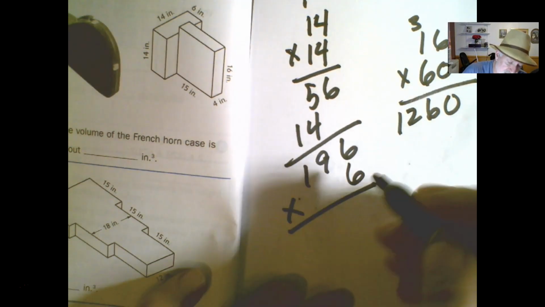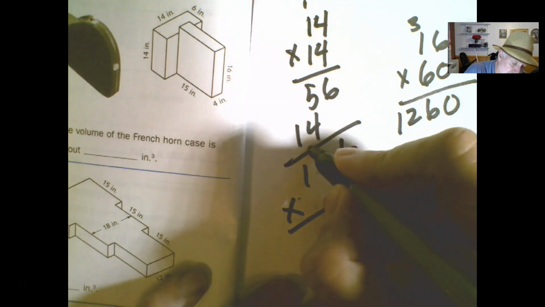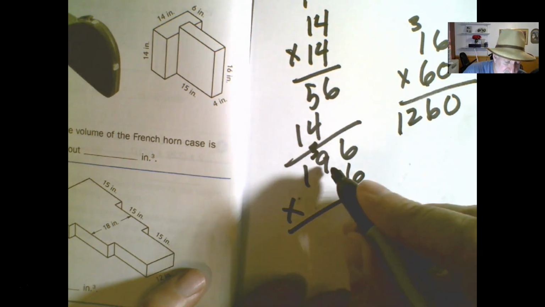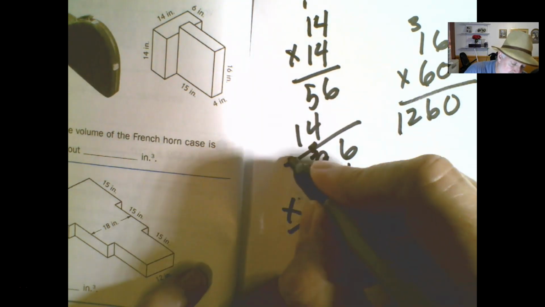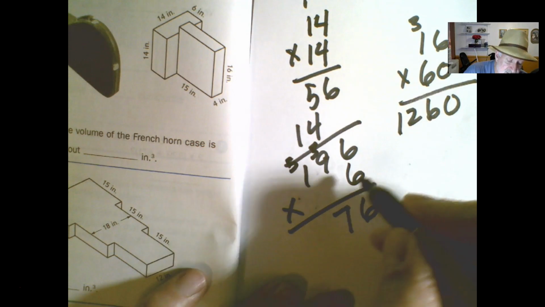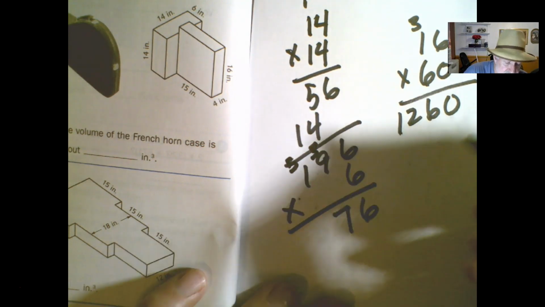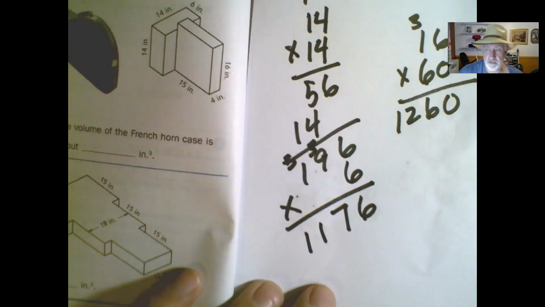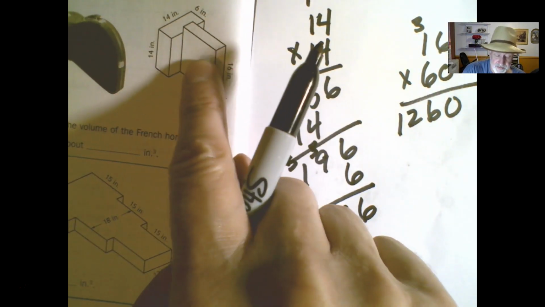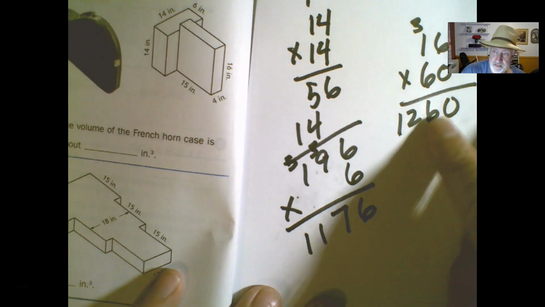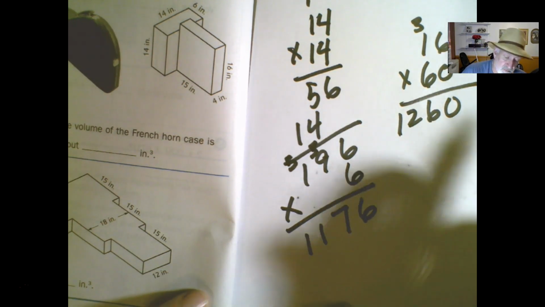Okay, so 6 times 6 is 36. Carry the 3. 6 times 9 is 54. That becomes 57. Carry the 5. 6 times 1 is 6. Plus 5 is 11. Oh, that looks so much better because those look like they could be similar in size. And now they're similar in volume, so it makes much more sense to me.